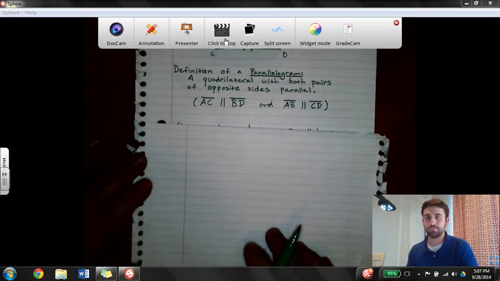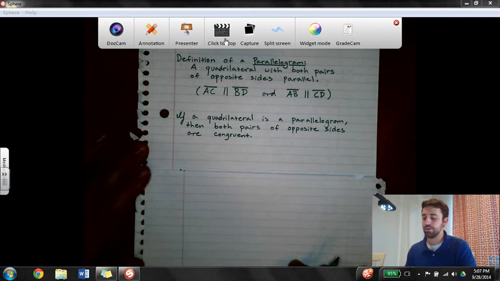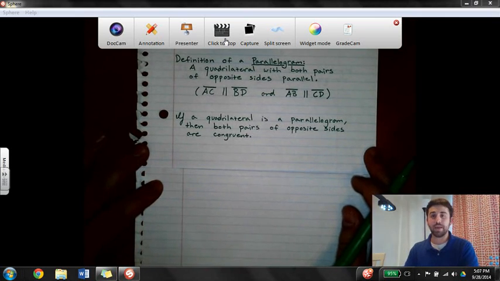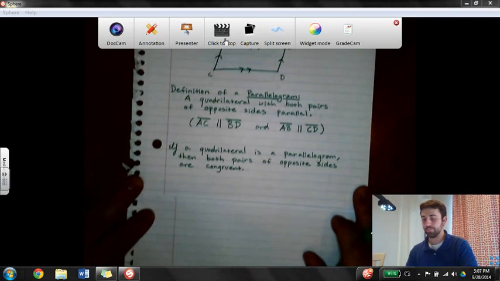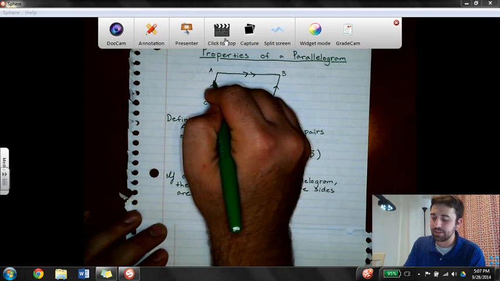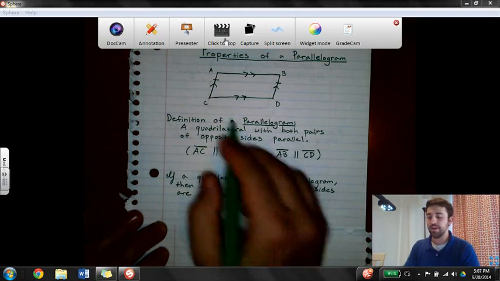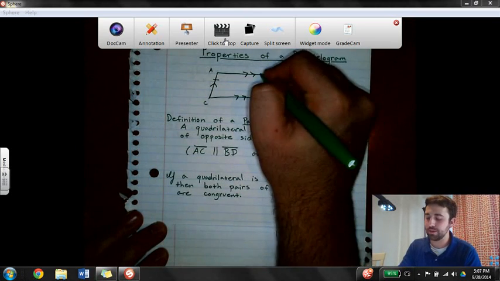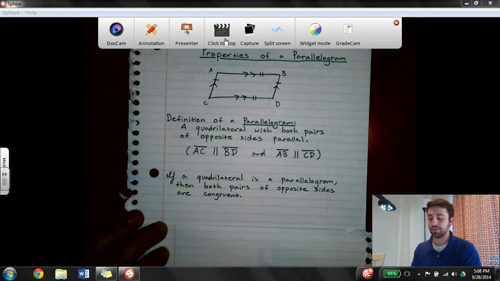Now, a property: if a quadrilateral is a parallelogram, then both pairs of opposite sides are congruent, which in our figure means that AC is congruent to BD and CD is congruent to AB, which I'm marking my congruence with these tick marks.